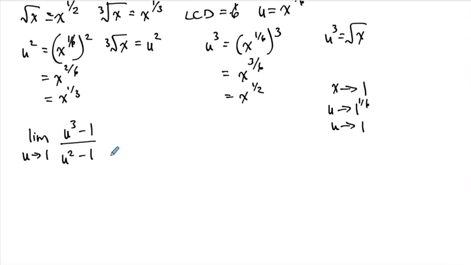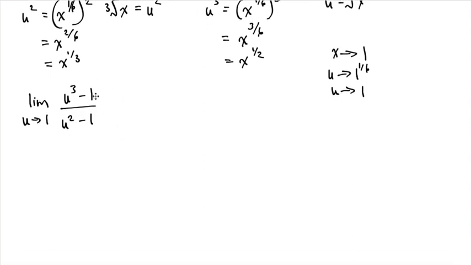So I'm going to go ahead and factor this. This is a difference of cubes in the numerator. So this is going to be the same as writing the limit as u approaches 1 of u minus 1 times u squared plus u plus 1.